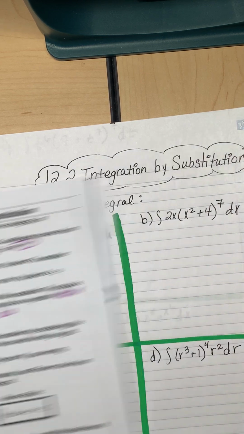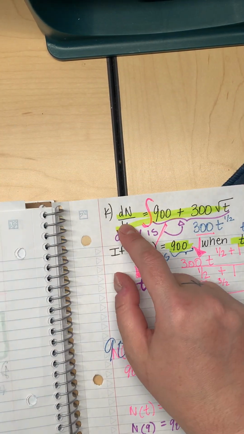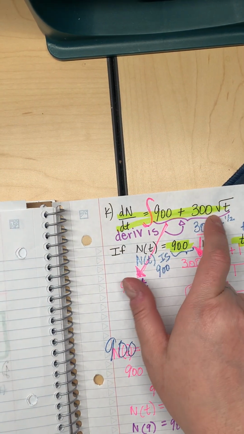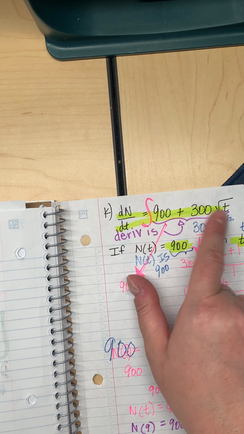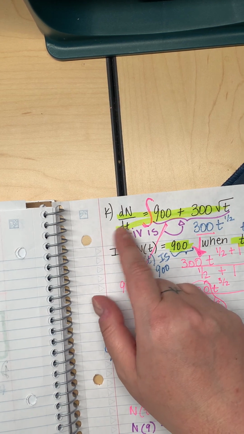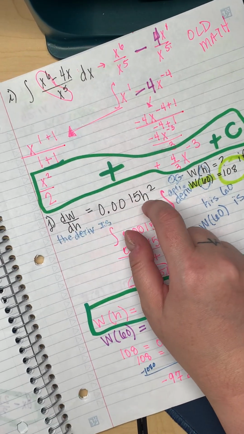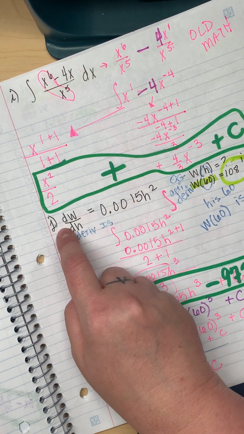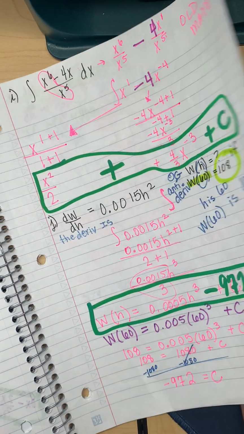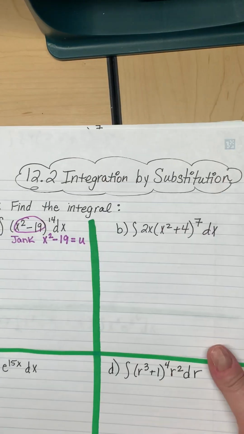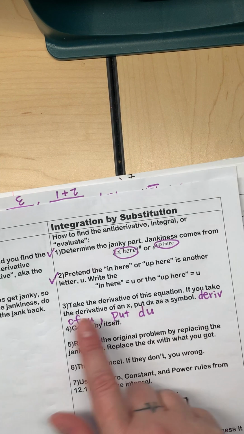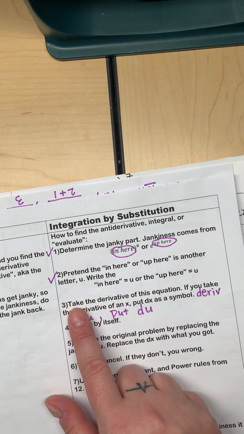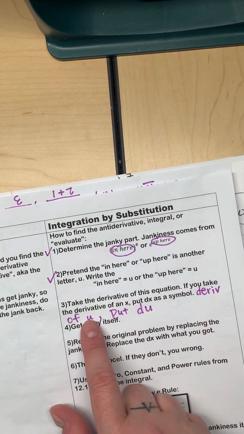And this is kind of like that last problem from 12.1. They gave us the derivative, and when they took the derivative of that d, it had that dt in it. You see it? Or the problem before that, they gave us the derivative, which involved an h, so they had dh. So whatever you're taking the derivative of, you put a d in front of it. Okay, so anyway, take the derivative. If you touch a x, put a dx. If you touch a u, you put a du.